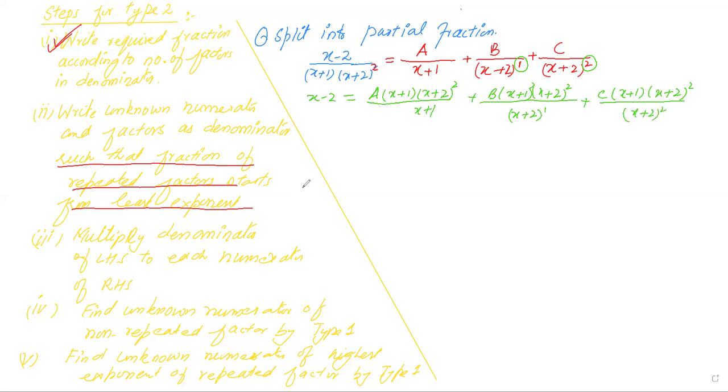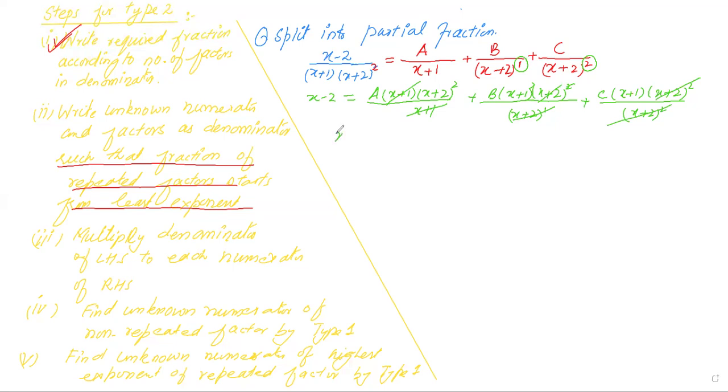Now, if all the denominators are cancelled out, this means your steps are correct, and if some denominator is left, this means your steps are wrong. So x plus 1 is cancelled by this x plus 1, x plus 2 is cancelled by one power, and the whole square term is cancelled by this one.